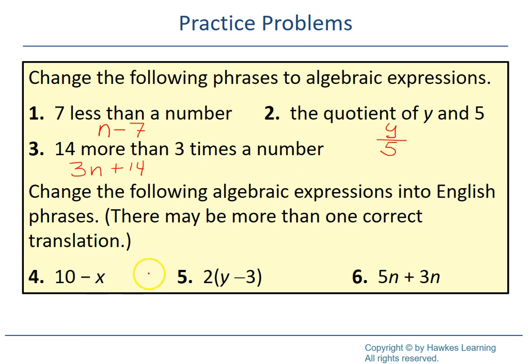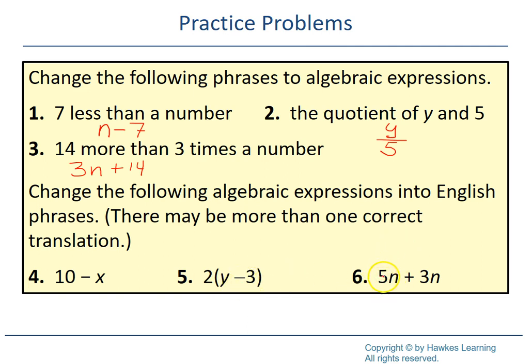There may be others. Now, when it's in a parenthesis like this, it's the difference of a number and 3. And then twice. So twice the difference of a number and 3. Now, when you see the word difference, you have to put that in parentheses. It's sort of like a sum.